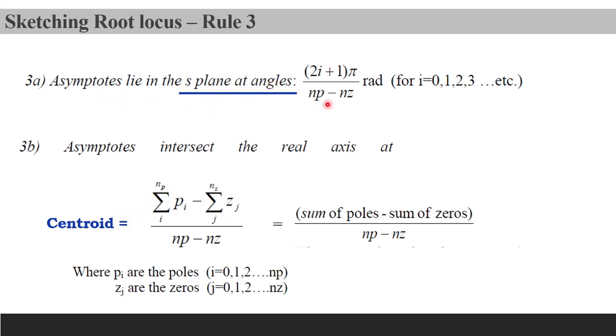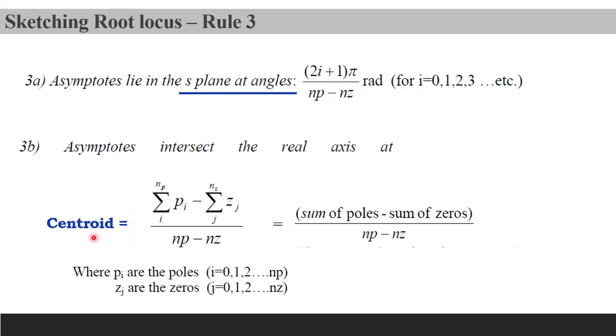So let us deal with the formulas, and we can see the np minus nz. We are always familiar with this difference, and we can calculate it for any transfer function we want. Then we put different values of i to find out the different angles of asymptotes present in that root locus.